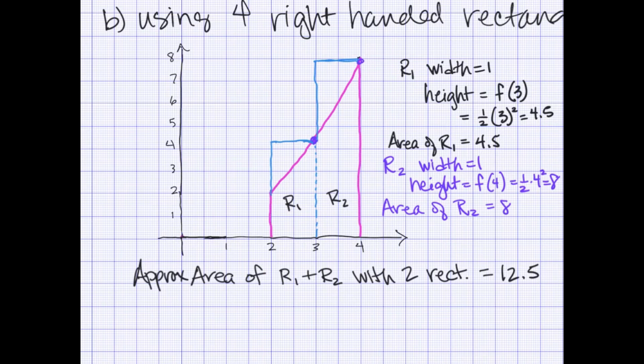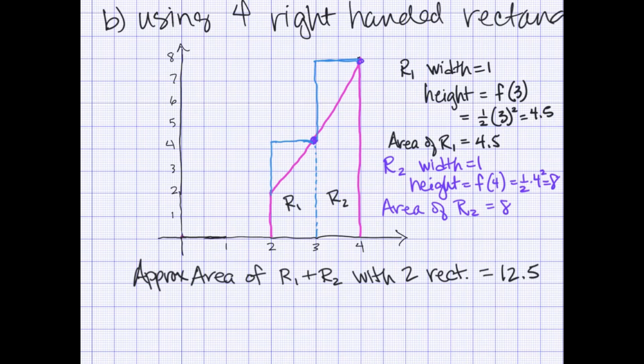If we were drawing left-handed rectangles, they would be very short, but these are right-handed, so we're going to overestimate with these right-handed rectangles. So the width is 1, the height is the function value at those purple dots.